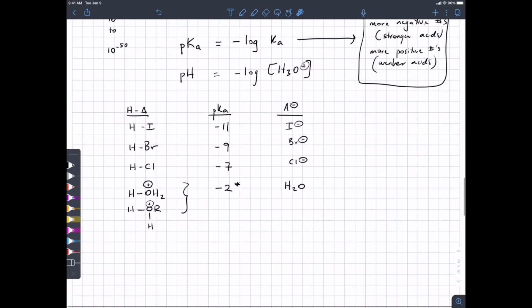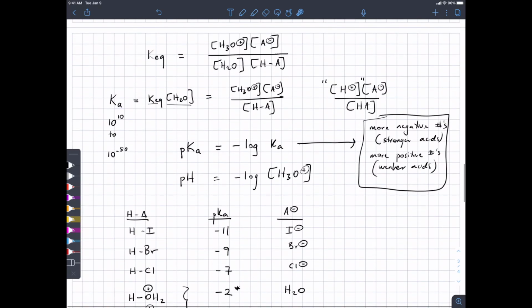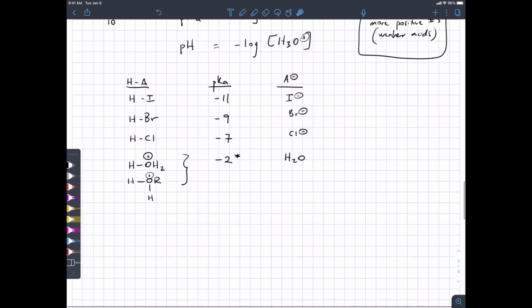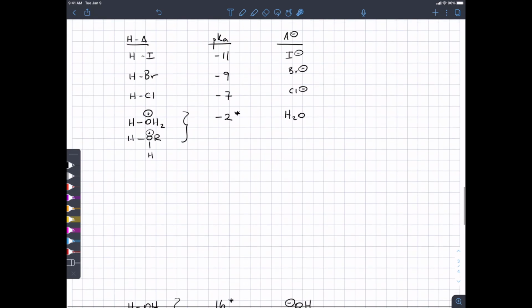If you put HCl in water, which side of equilibrium do you think dominates?